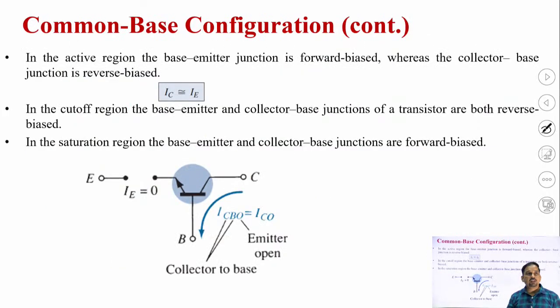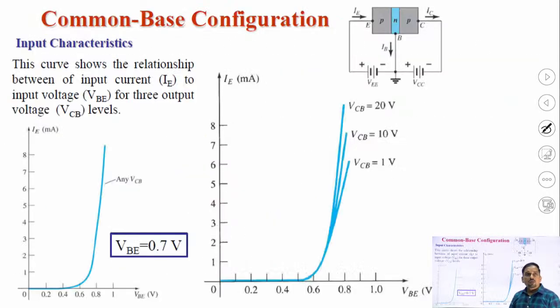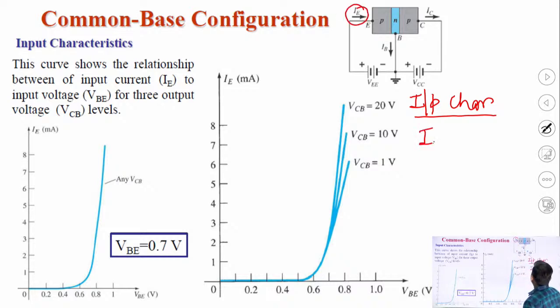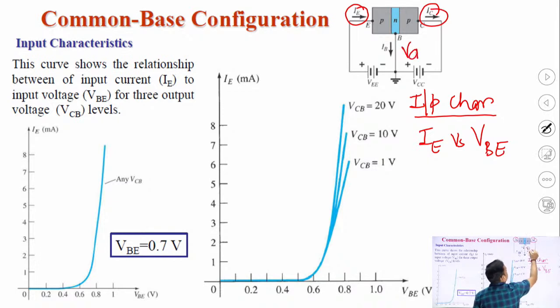So here we can see that for input characteristics, the variables are IE versus VBE, and the output variables here are IC and VCB.